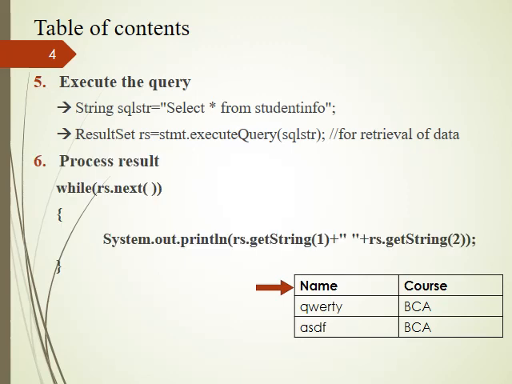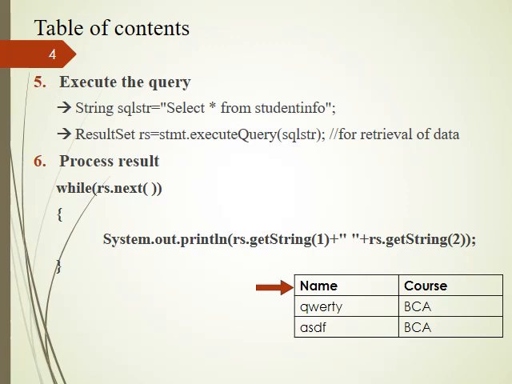Now once you get the result set, you need to process it. But how to process it? How is the application going to know whether the end of the table has come or not? Which one to fetch, the first one, second one, third one? That is the question.